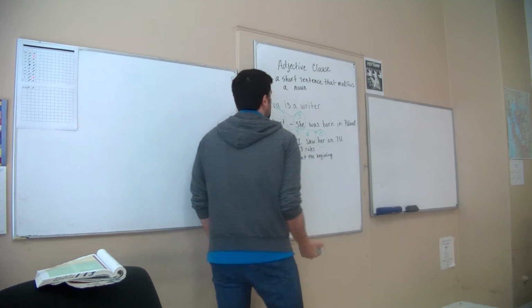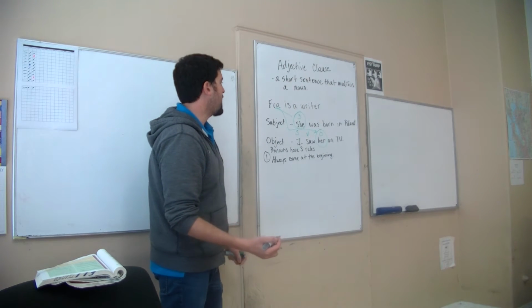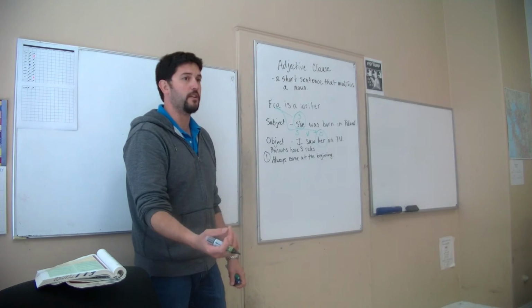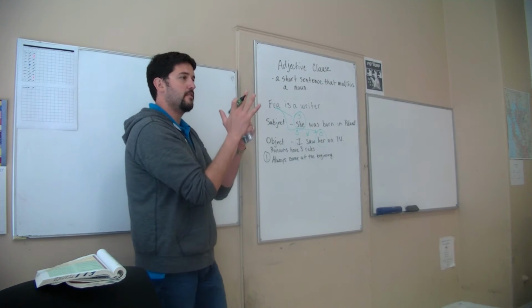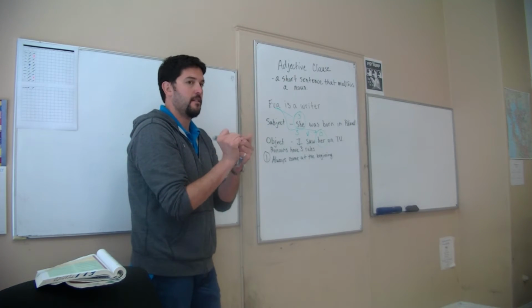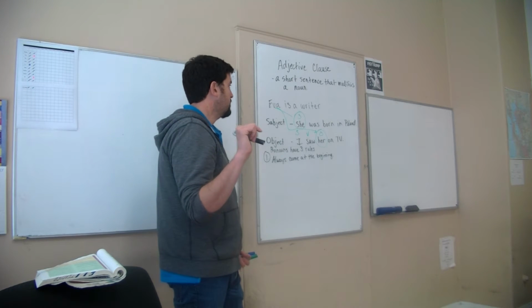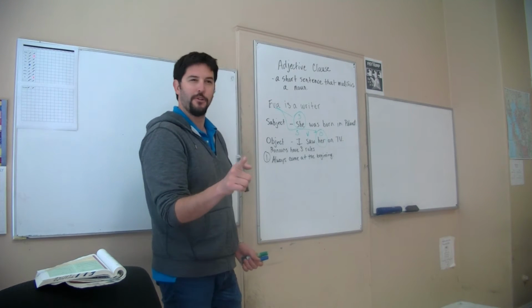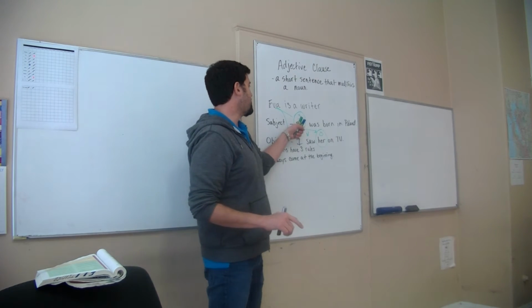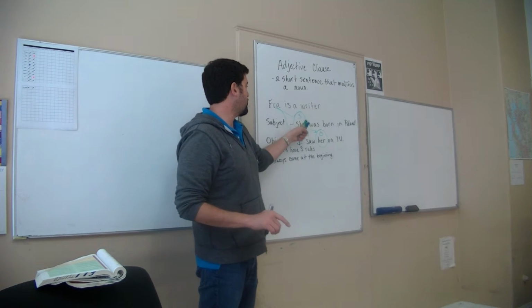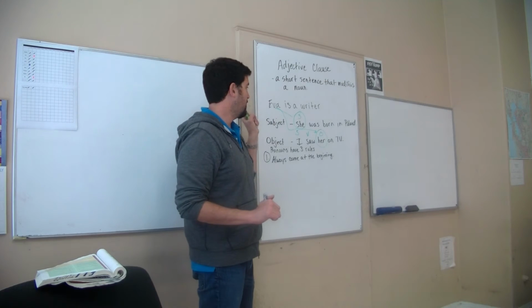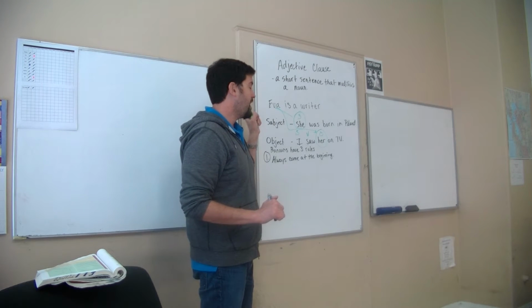Okay? So for example, Ava's a writer, she was born in Poland. How can I make those sentences into one thing? Good, close. This is she, right? Are we talking about a writer or are we talking about Ava? Ava, right?